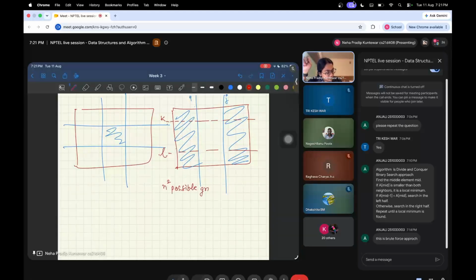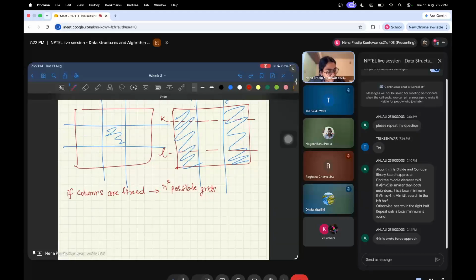I'll just call them grids if columns are fixed. Okay, so can you do something here instead of the naive approach of going through all possible subgrids? Can you think of something better, and focus on the fact that your columns are fixed?